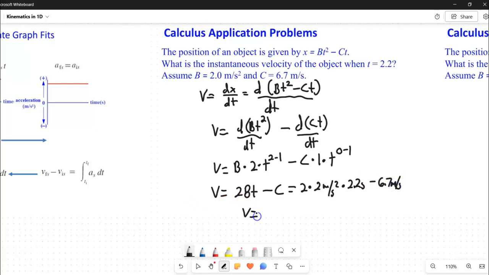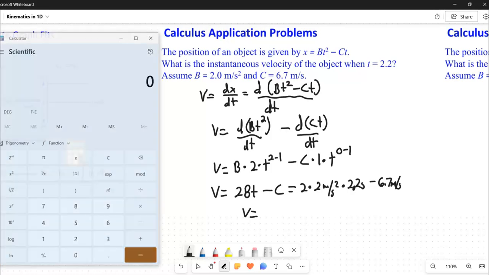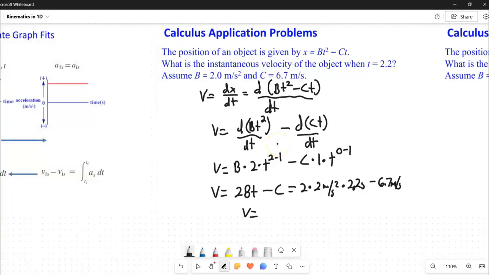So the velocity at 2.2 seconds, what is that? That's going to be 2.2 times 2 times 2 minus 6.7. That's going to be negative 2.1 meters per second. So that's how fast it's moving, 2.1 meters per second at that moment in time.